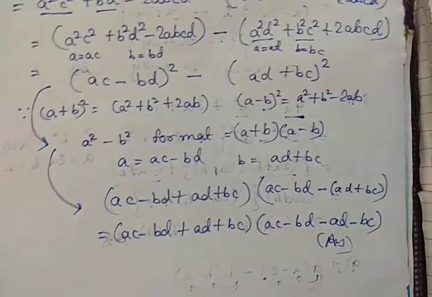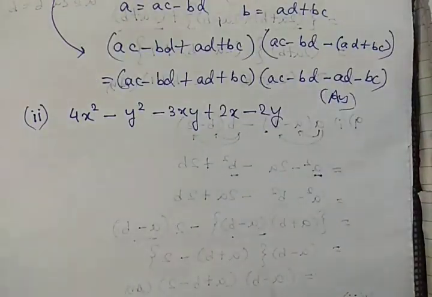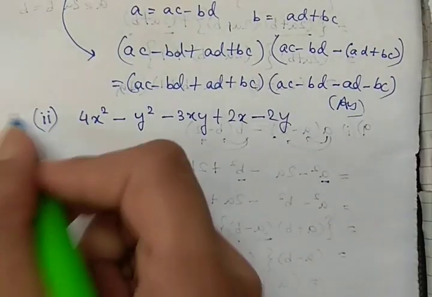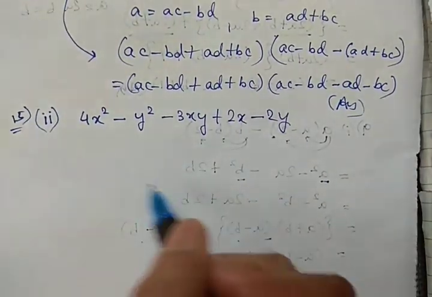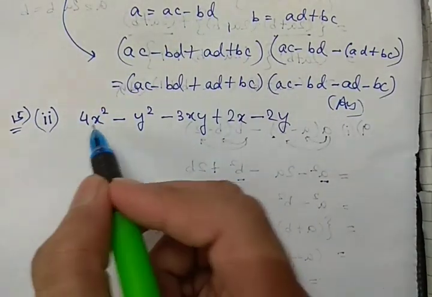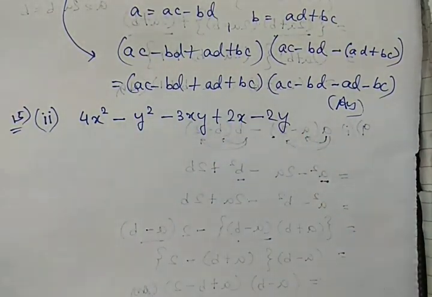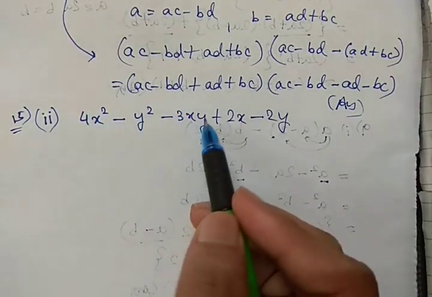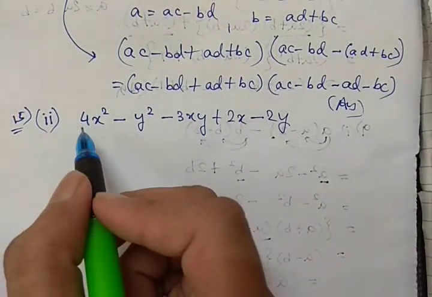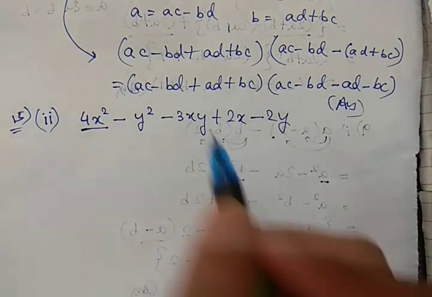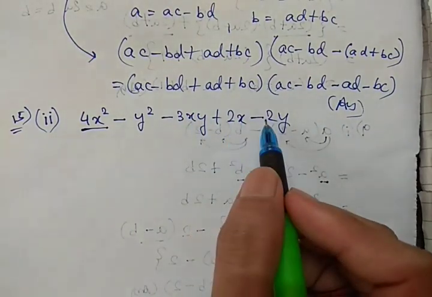Okay, so in this sum, this is 15 subpart 2. In this sum, we are finding 1, 2, 3, 4, 5 terms, and none of them are perfect squares, nor are they forming (a plus b) whole square or (a minus b) whole square. But if we break down 4x square, in this case 2 can be taken common.